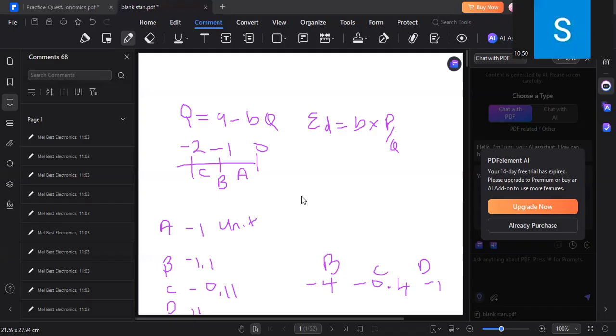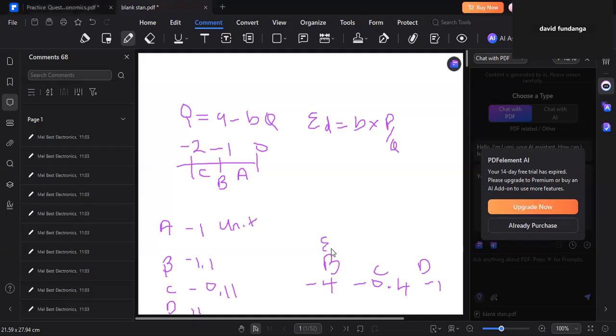And B? B is elastic. C is inelastic, and D is unit elastic. Correct. Yes. Do we all agree?